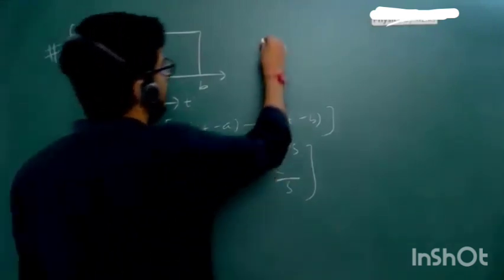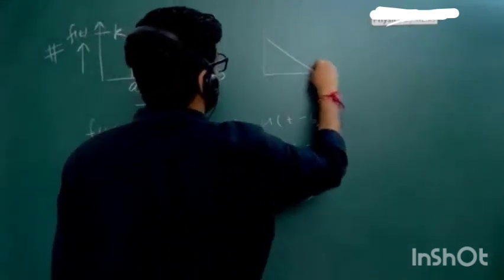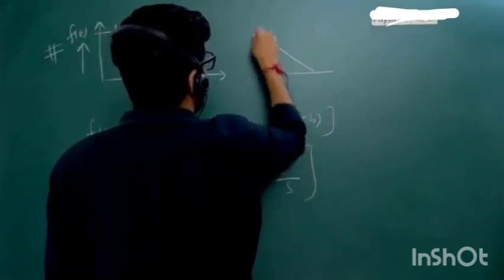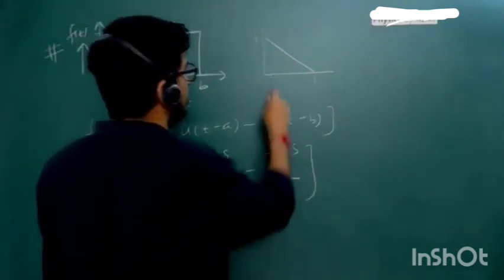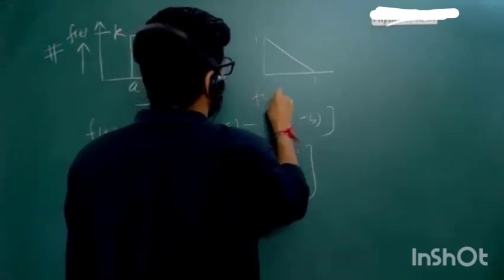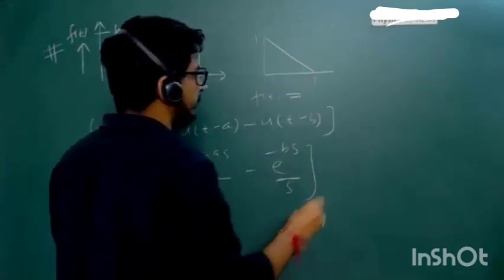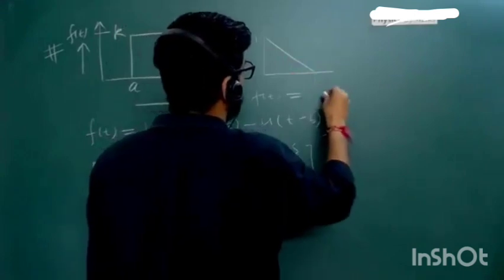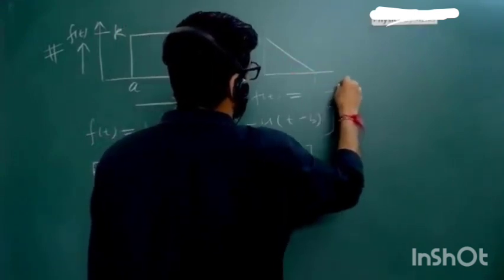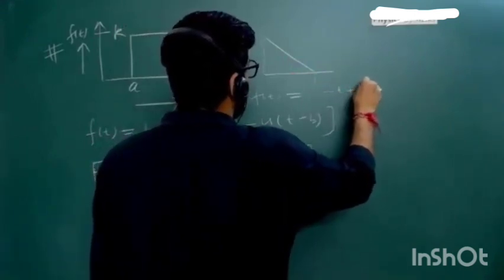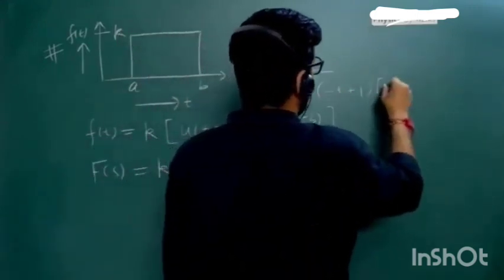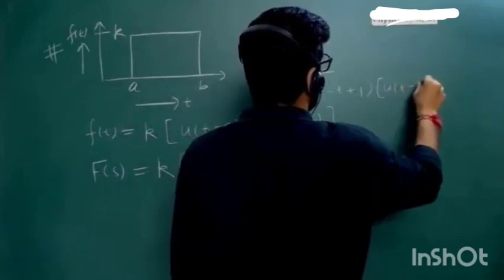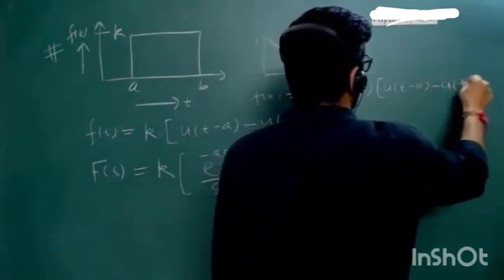Suppose in previous question it was like this, 1 1. So this can also be written in the form of unit step function, because this function ft will become, you know this is present in this range, and the definition is minus t plus 1 suppose, and multiplied by u t minus 0 minus u t minus 1.